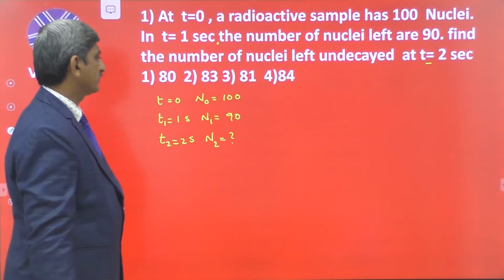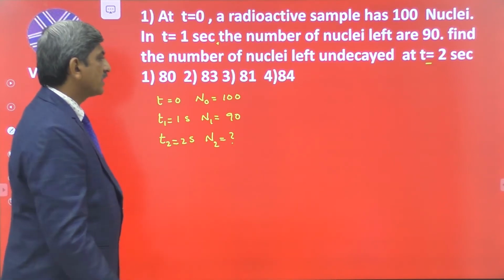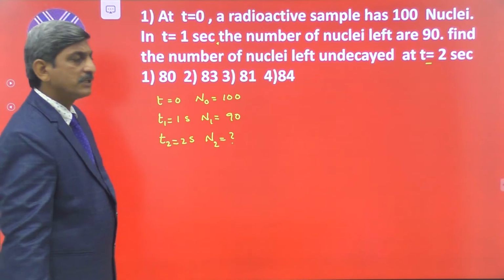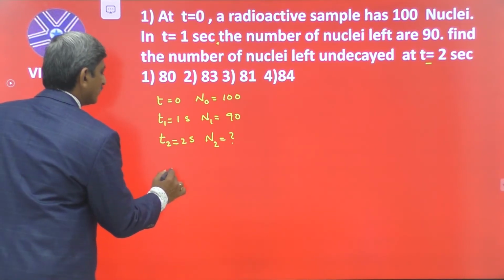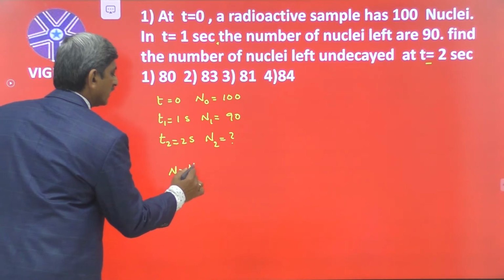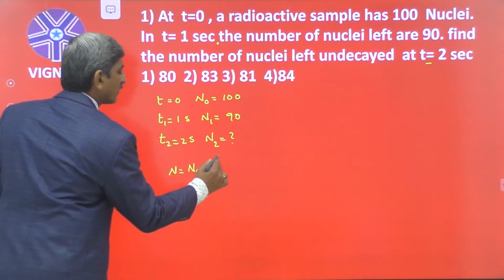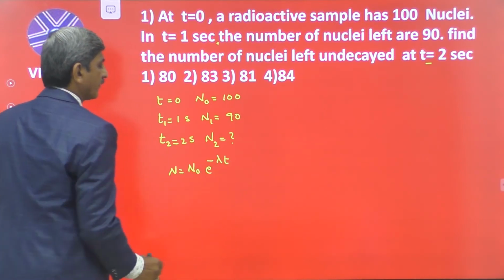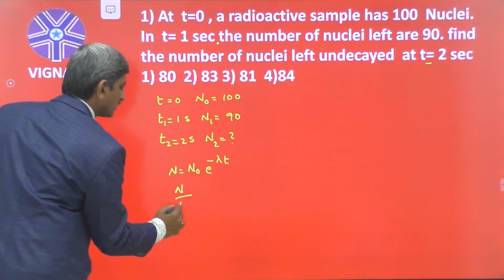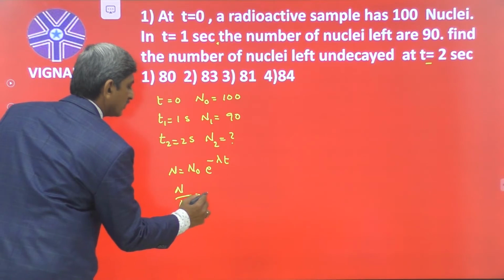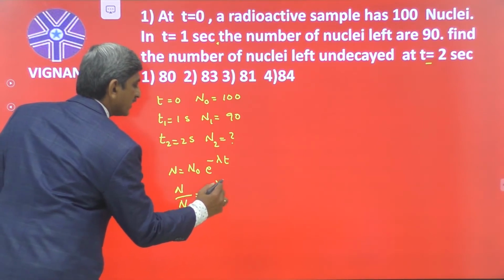This is our question. To solve this question, I am going to use the radioactive decay law. From that we have N is equal to N naught into e power minus lambda t. By taking this N naught to this side, it becomes N by N naught is equal to e power minus lambda t.